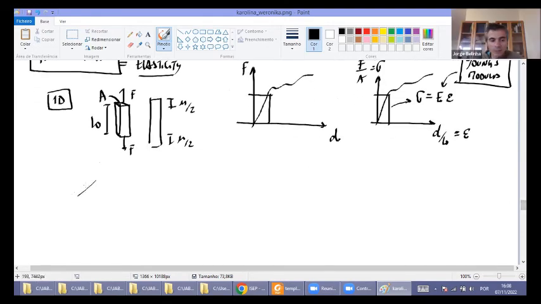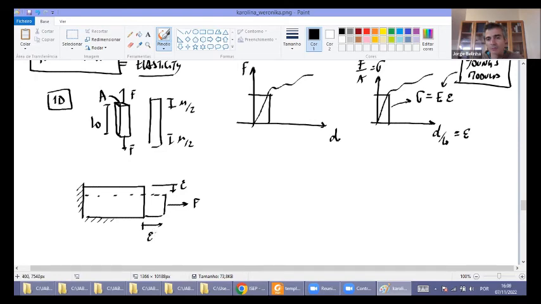If you have a body, I'm going to do only 2D, it's easier. If you have a body and you stretch that body with a force, and here is fixed, it will have here an elongation, a strain, and here another one. So this one will compress the body. Let's call it V. It's the Y direction.